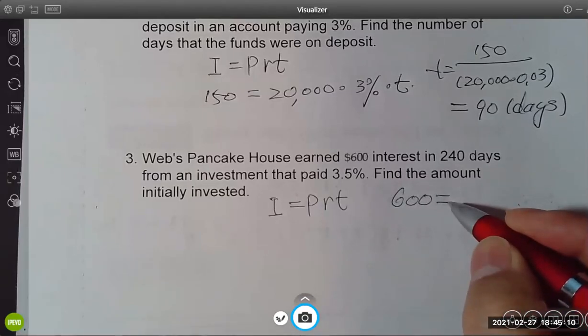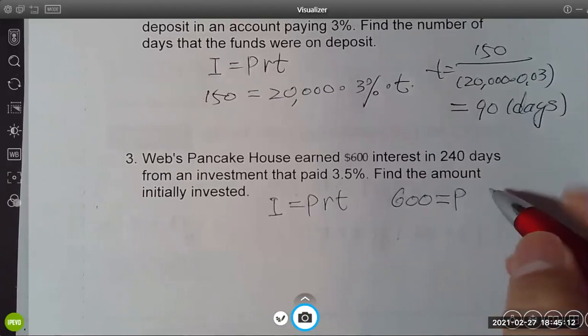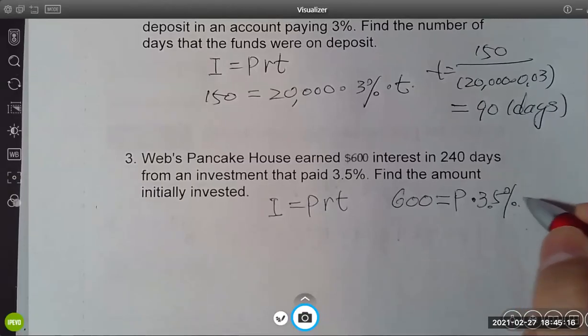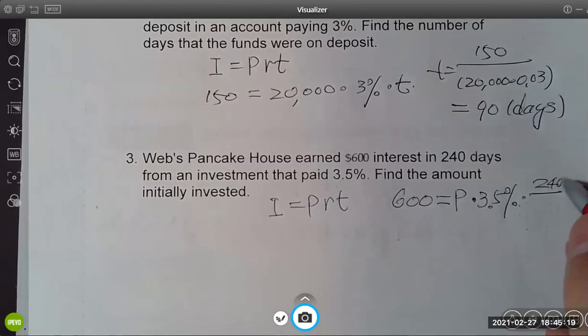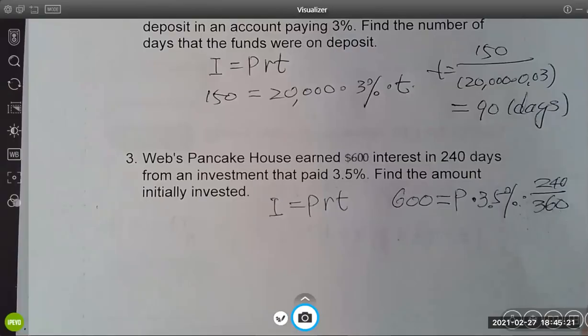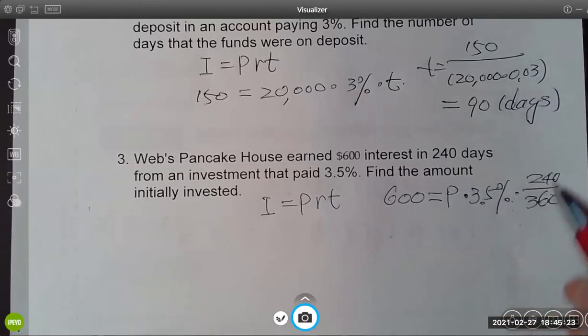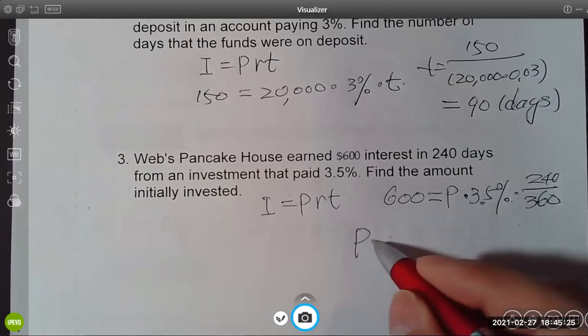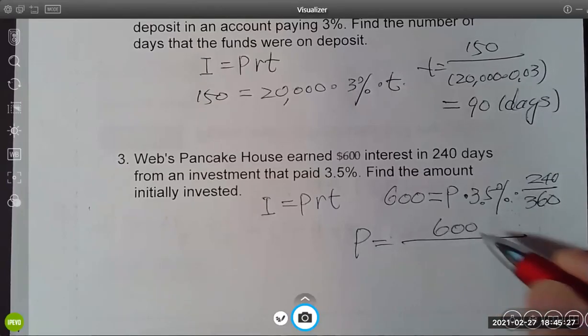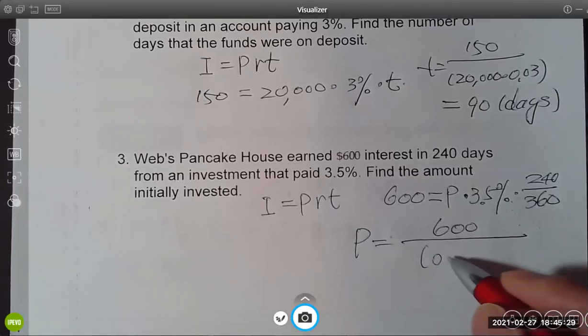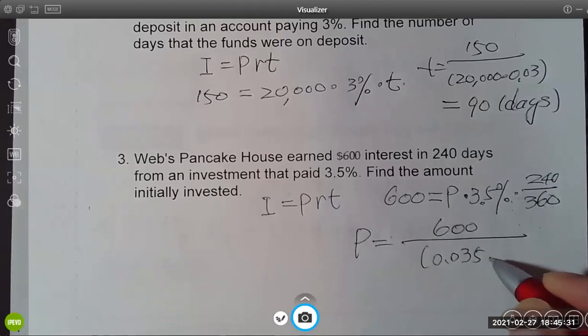We are looking for principal. Rate 3.5%. Time is 240 days. So we just divide by this whole thing on both sides. So P equals 600 divided by 0.035 times 240 over 360.